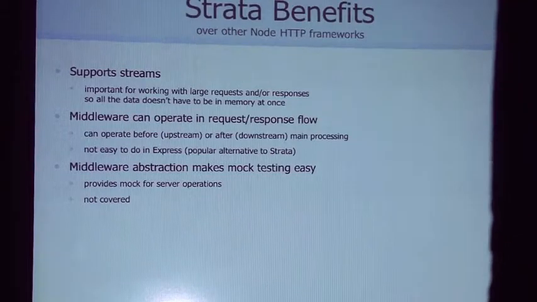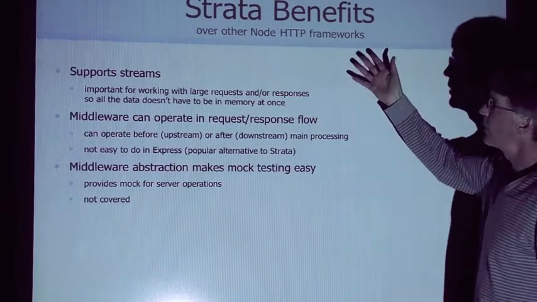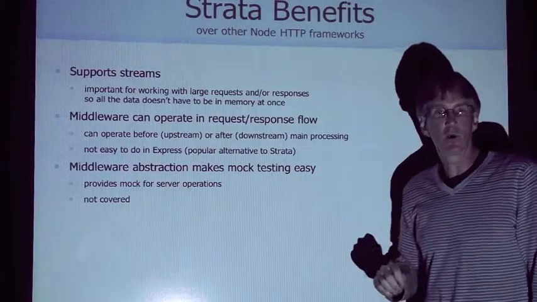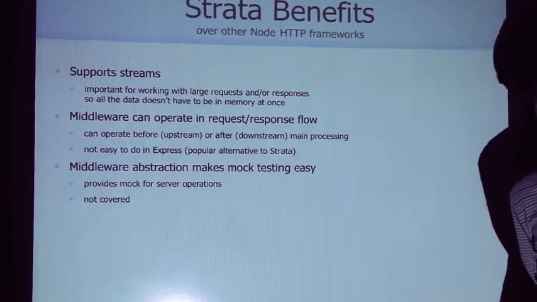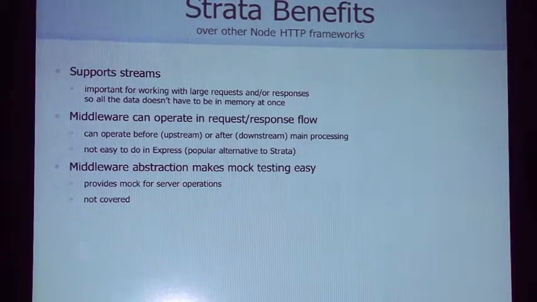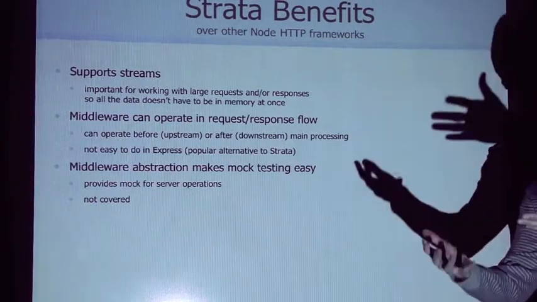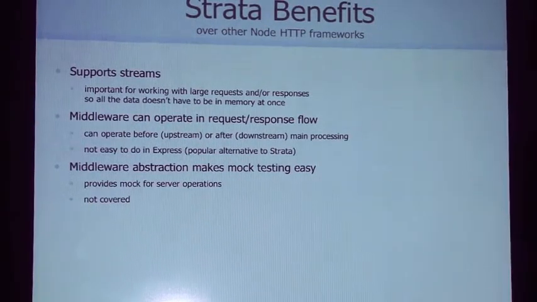So some of the reasons you might choose to use Strata over some other web server frameworks that work in Node. First is that it supports streams. I talked about being able to process large amounts of data and not have to hold it all in memory at once. The other is this middleware concept that lets you jump into the flow of the processing and modify requests as they come in, responses as they go out.